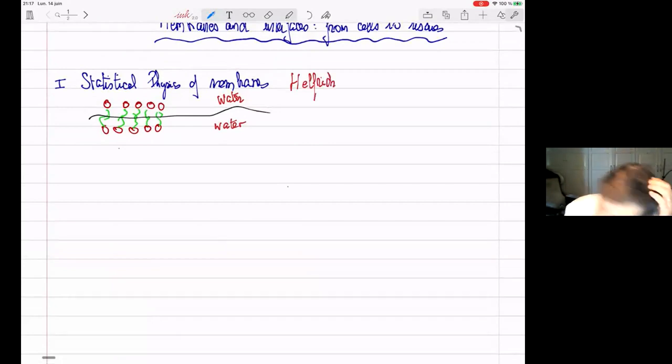And what Helfrich was studying is molecules called phospholipids, which are the molecules that form the cell membrane. They self-assemble, and they make this type of bilayers that I sketch here. So you see one layer of molecules in contact with water on top, and one layer of molecules in contact with water on the bottom.